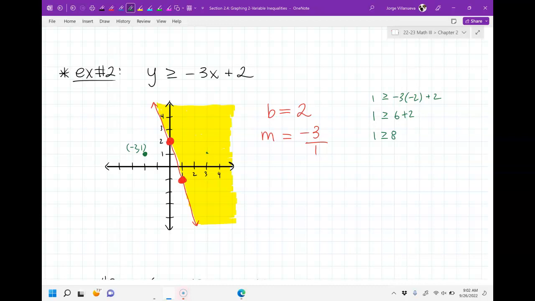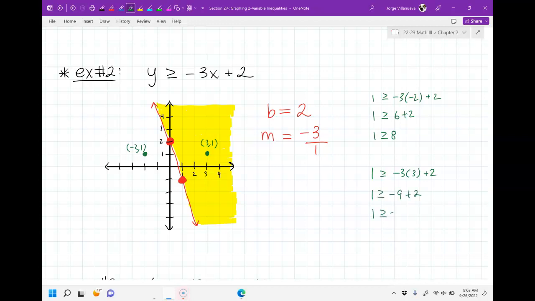Now let me pick a point that's in the shaded region. Let's try 3, 1. That's inside the little yellow colored region, right? Is that an answer to my problem? So I'm going to plug it in. If I plug in 3, 1, I get 1 greater than or equal to negative 3 times 3 plus 2. 1 is greater than or equal to negative 9 plus 2.